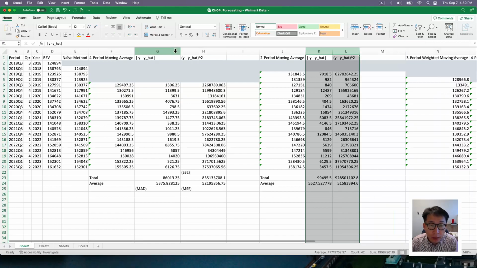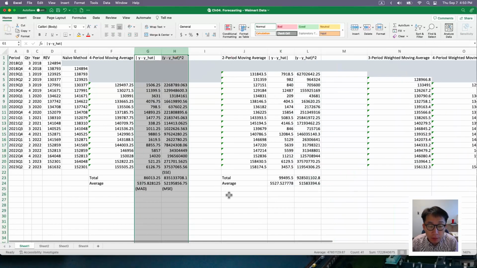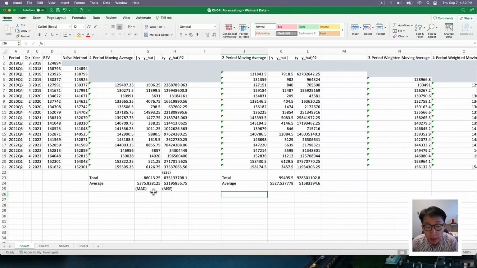In general, the conclusion between the mean absolute deviation and the mean squared error is somewhat consistent, meaning that if MAD is smaller here, we should also expect MSE to be smaller here. In general that's the case, but I cannot guarantee it in every case. This looks like one of the interesting or extraordinary cases where the two are yielding different results.